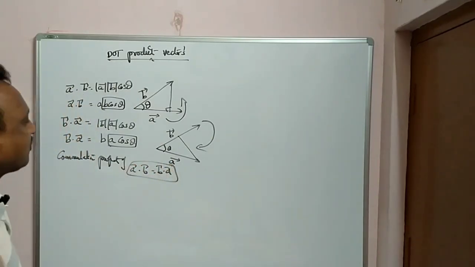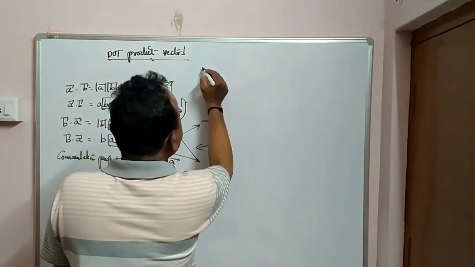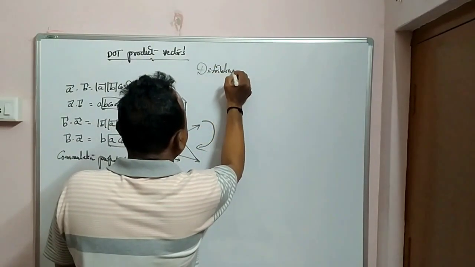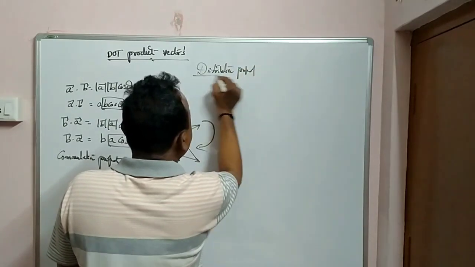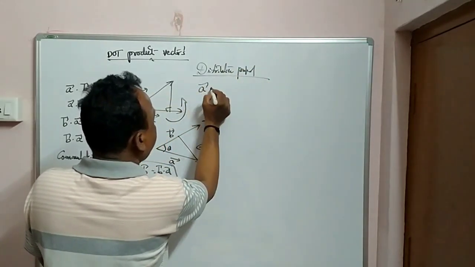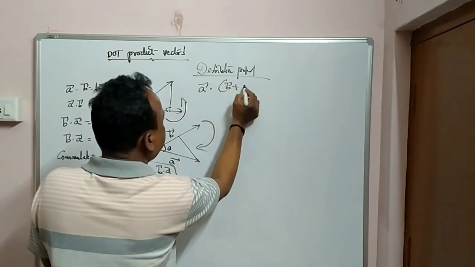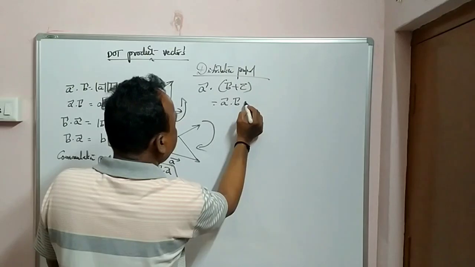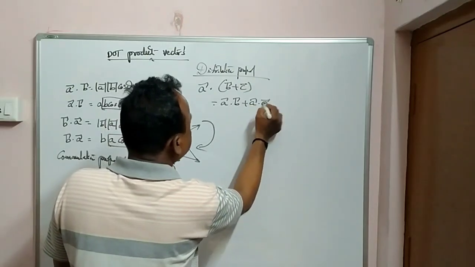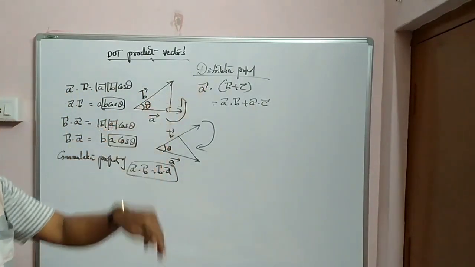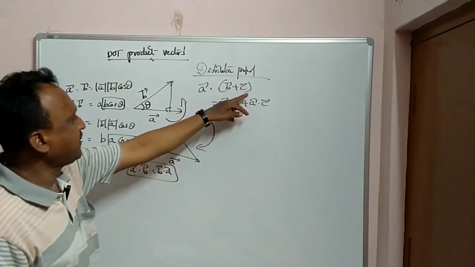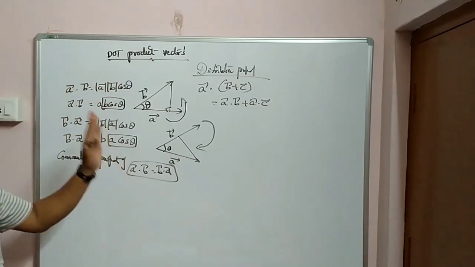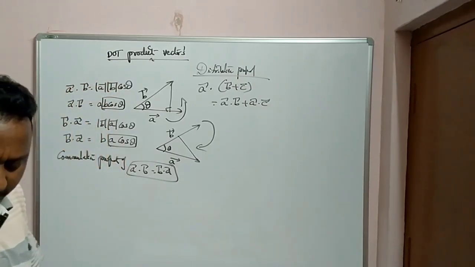In the same way, it also obeys the distributive property. What is the distributive property? a bar dot (b plus c) is equal to a bar dot b bar plus a bar dot c bar. So this is how we explain the dot product of two vectors.